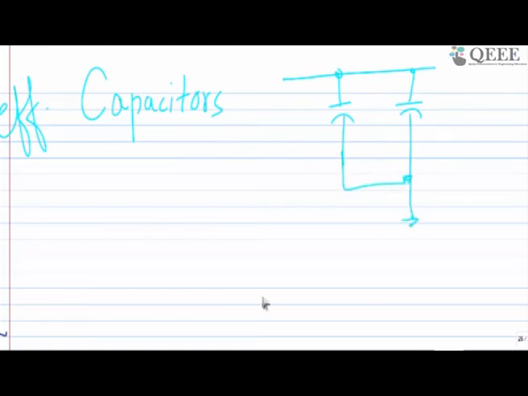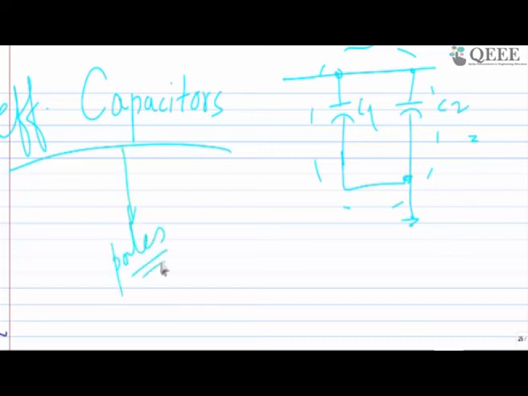If they are in parallel, I would still call it one capacitor. Let's say C1 and C2 are in parallel, so it's C1 plus C2, right? I want that kind of effective capacitor. As many effective capacitors as you see, that many poles are available in your system.